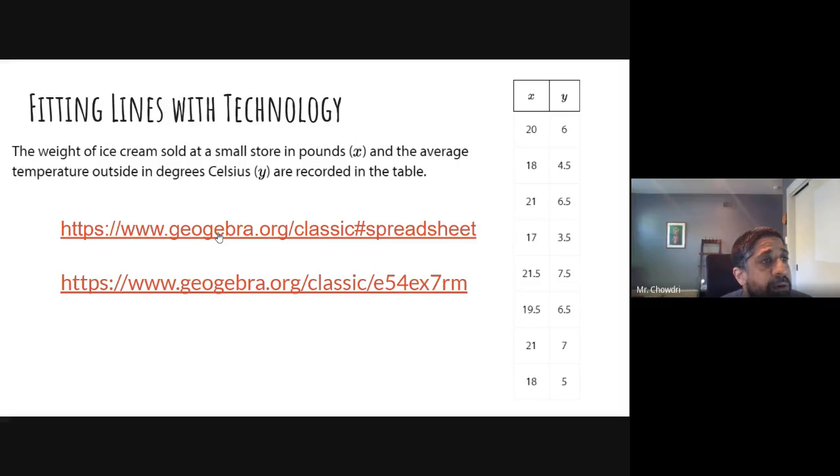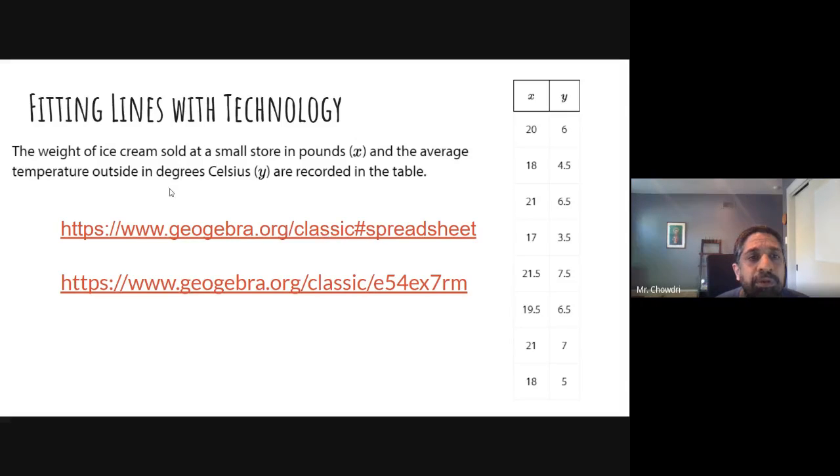Being able to use this spreadsheet is going to help you do today's exit ticket, which is on Algebra Nation, because Algebra Nation is asking you to use some technology to help you. Using this GeoGebra spreadsheet will be really helpful in doing that.